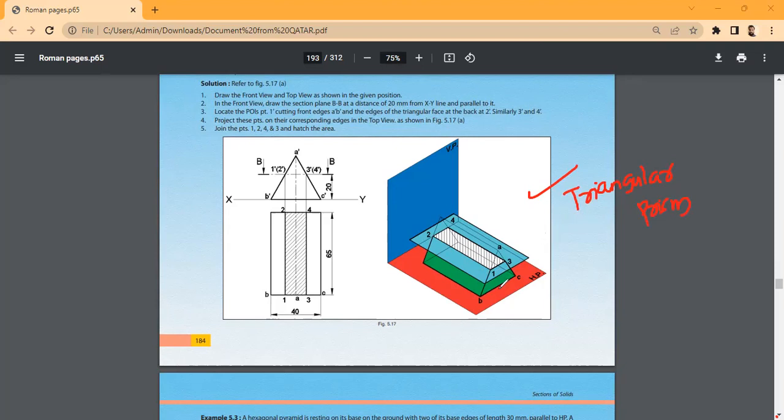Then what about the cutting plane? It's parallel to HP and perpendicular to VP. And what is the distance? It's 20 millimeters above the base, above HP, right? Yes, sir.